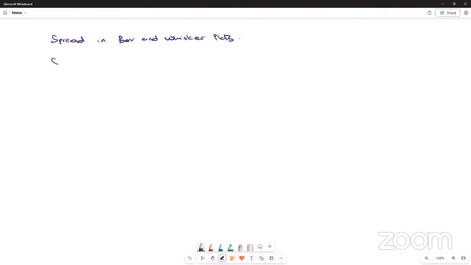So the key words here, whenever we look at spread, is we are measuring, basically referring to the variability or dispersion of data points within a data set.